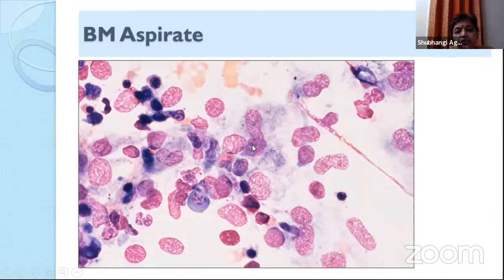These are the cells which are present singly scattered here in the bone marrow, and the nuclei of these are oblong to kidney shaped with nuclear grooves here, and some of the nuclear membrane is very irregular. So these are the cells which are present here in the bone marrow. These are Langerhans cells. Grooving confirms the characteristic Langerhans cell.